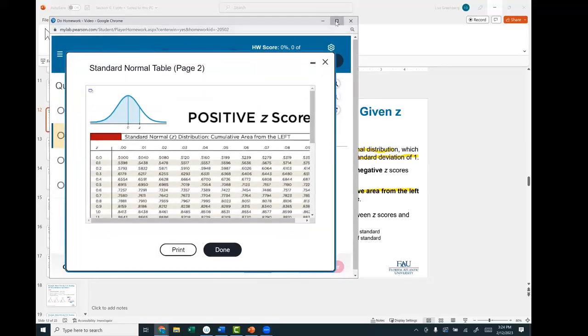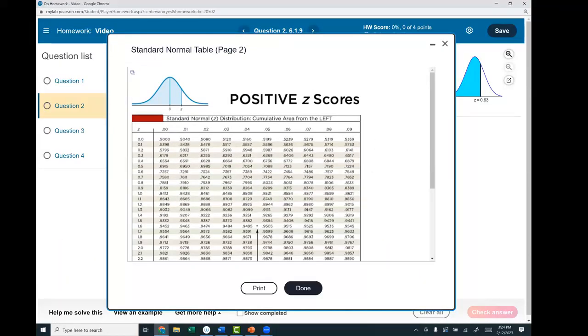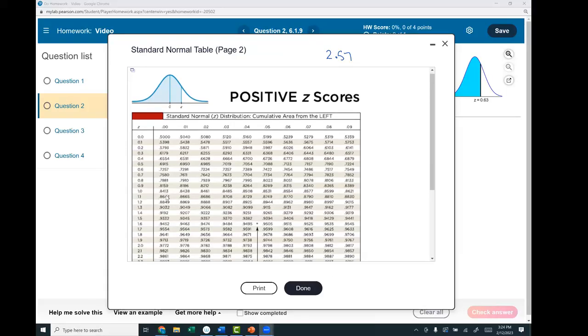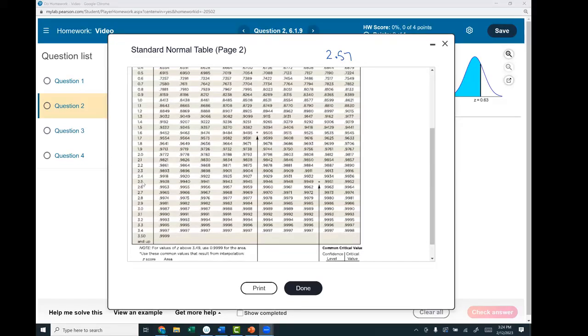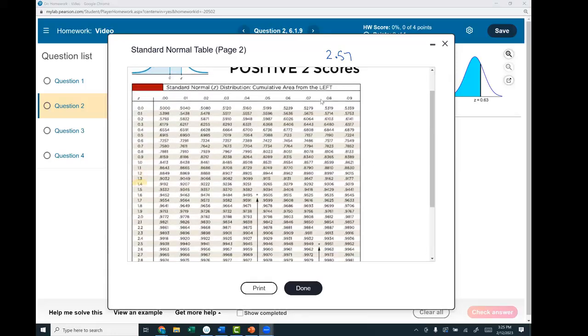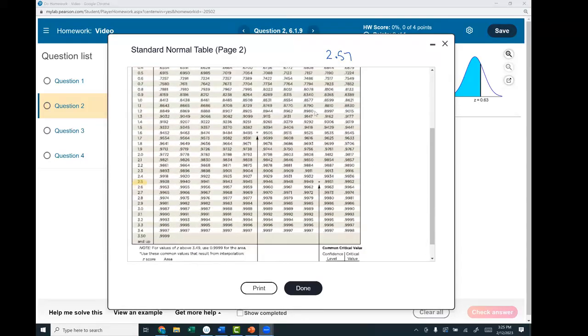So for example, if I pick positive 2.57, let's see if we can do this without downloading it into StatCrunch. So we go down here, there's 2.5 right there. Here, let me highlight it. So here's 2.5. And then we have to find which column is the column with the 0.07. You can see that it's not as easy as, let's see, this is the column right here.